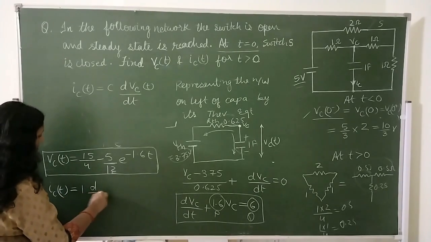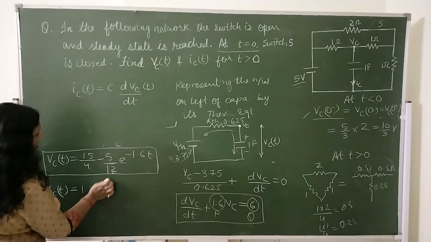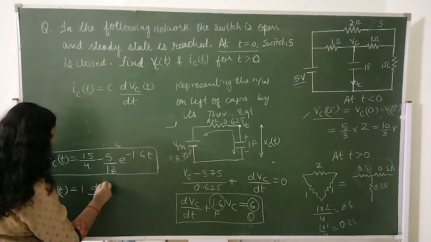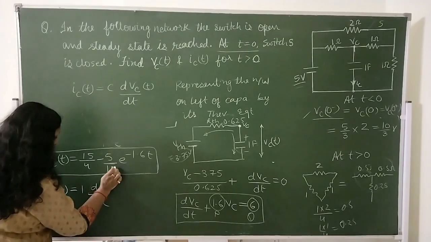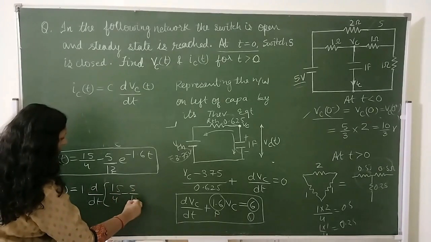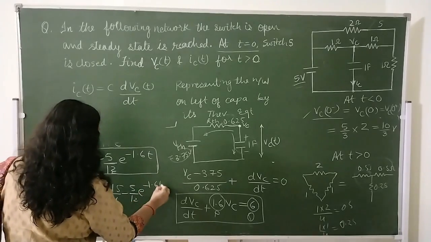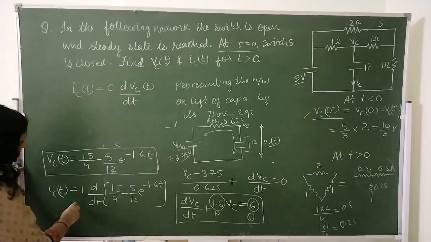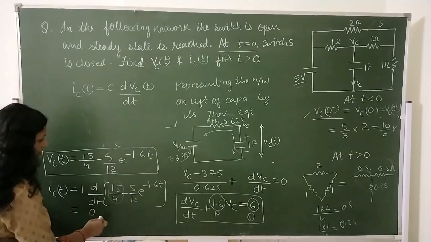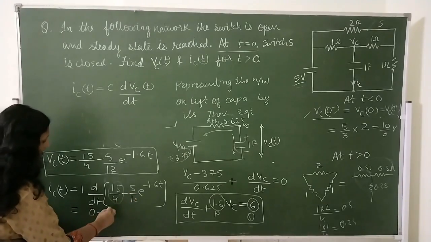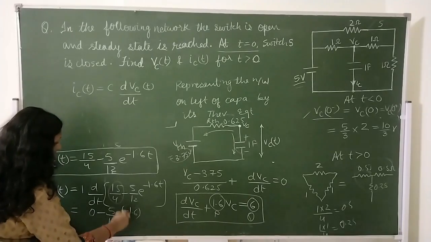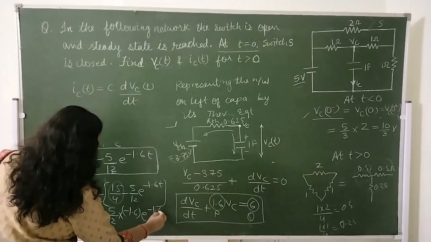Now differentiate this whole VCT with respect to t, that is 15 by 4 minus 5 by 12 e to the power minus 1.6t. That will give us ICT. Differentiation of the first term will be 0, and differentiation of the second term is 5 by 12 multiplied by minus 1.6, and e to the power minus 1.6t remains as it is.